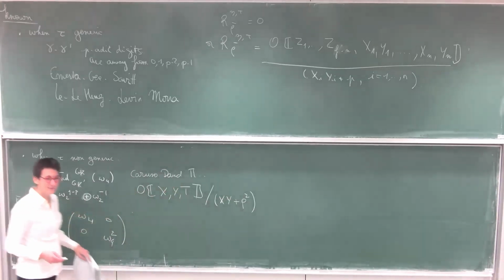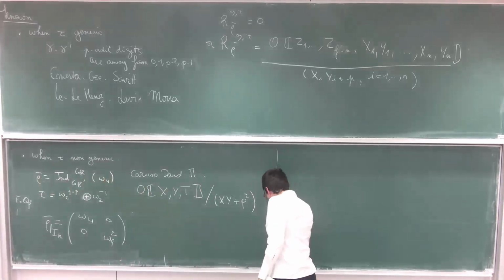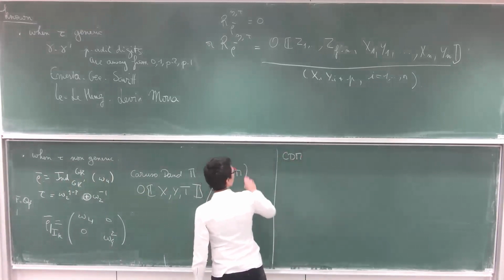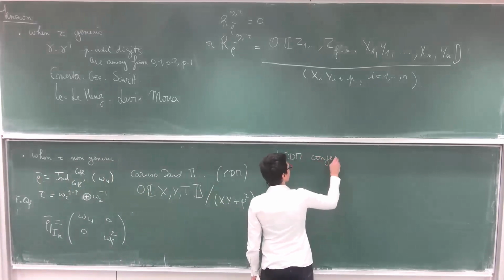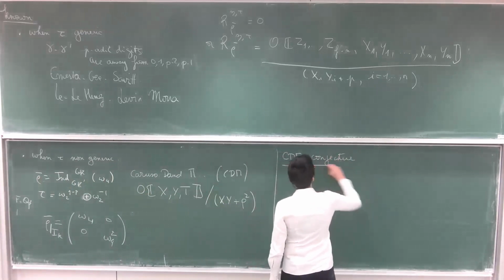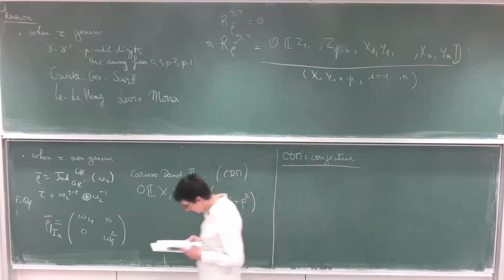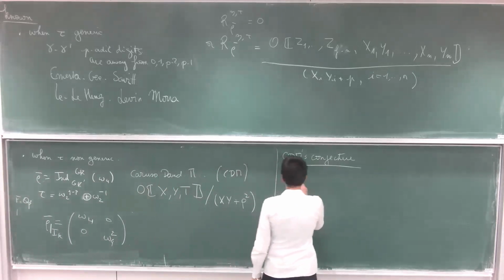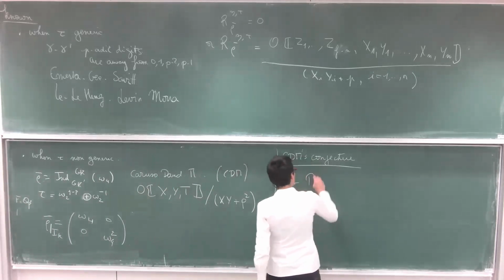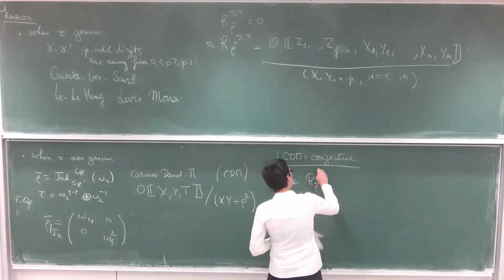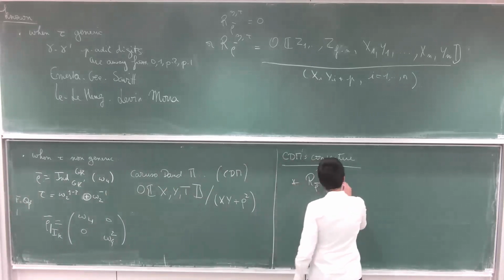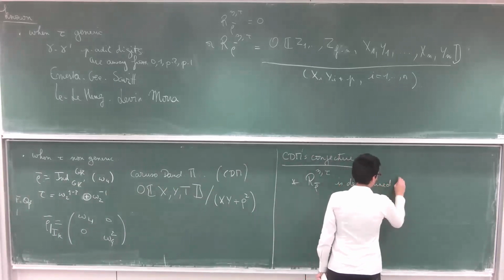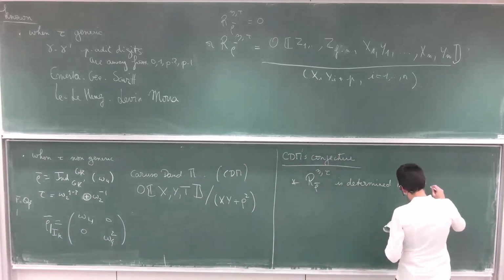Then we have a series of conjectures. The first one is that we conjecture that this ring should be determined by a combinatorial object.